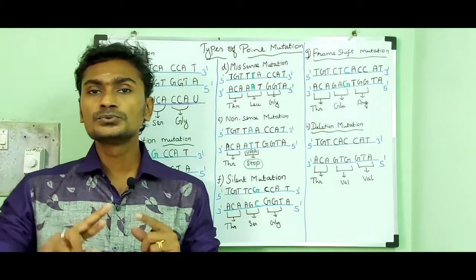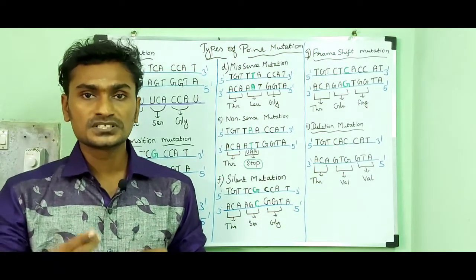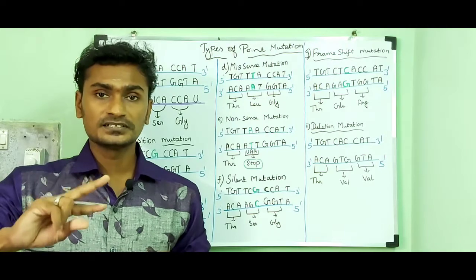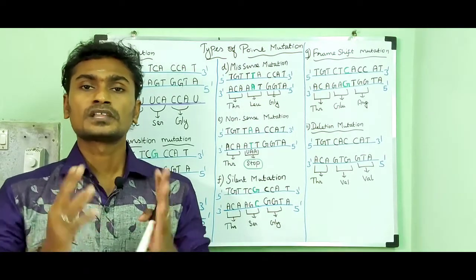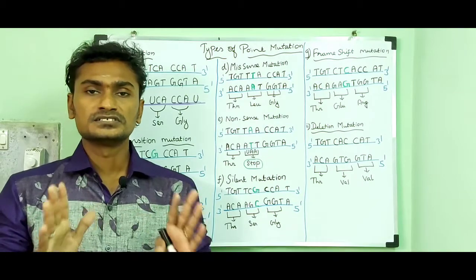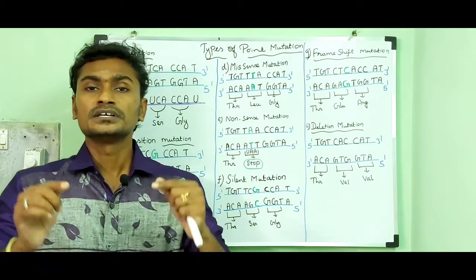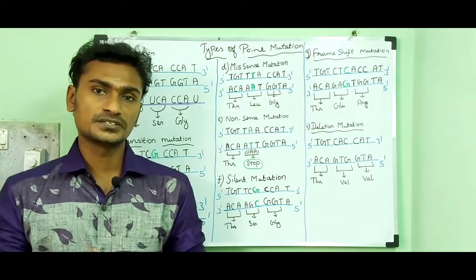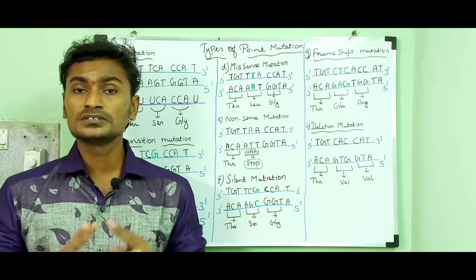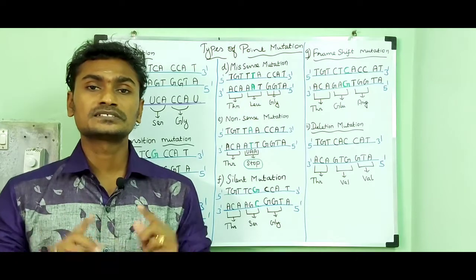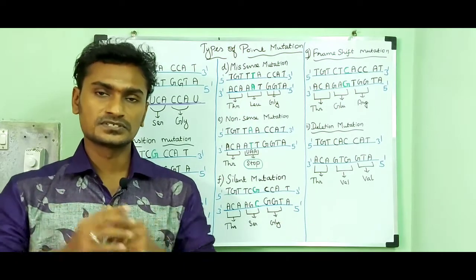So due to base pair substitution or base pair addition or deletion, the nucleotide sequence is repeated or deleted within a gene. In base pair substitution, again we have two types. They are transition and transversion.